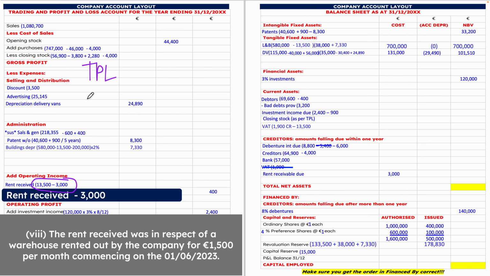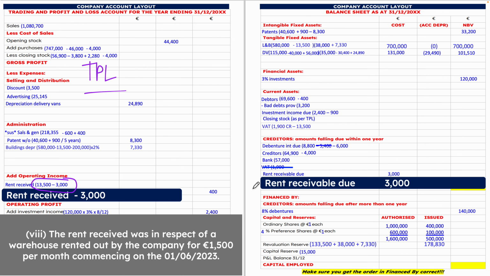If it's not for this year, we get it out of the TPL. Only stuff that relates to the current year goes into the TPL. Then you're going to have your rent receivable due for the 2 months over in the balance sheet under creditors minus 1 year, because you owe them the space in that warehouse.